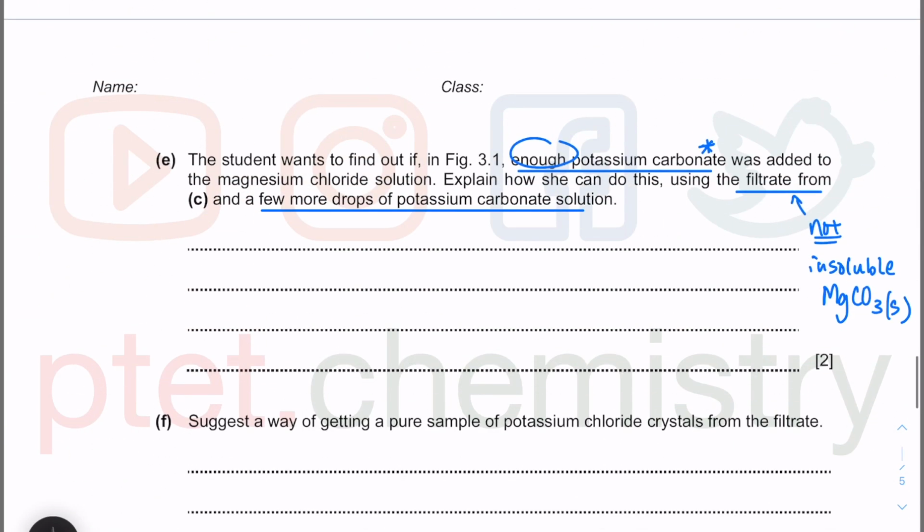What was the question again? Enough potassium carbonate was added. Okay, so if the filtrate still contains potassium carbonate, then what is inside the filtrate?